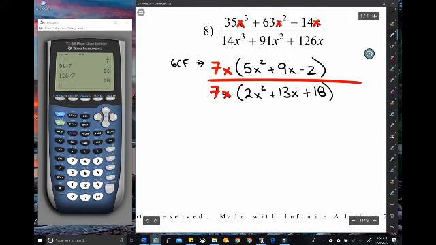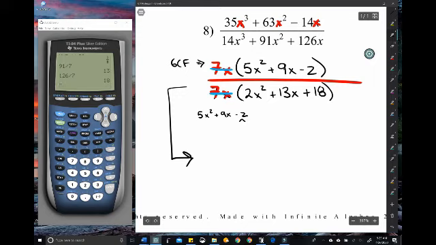Okay, the nice thing about here is these 7x's will cancel. Now we still have more factoring to do in the numerator. 5x squared plus 9x minus 2. You need to remember how to factor those. So 5x squared plus 9x minus 2.